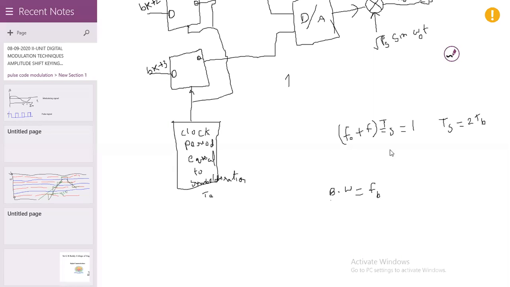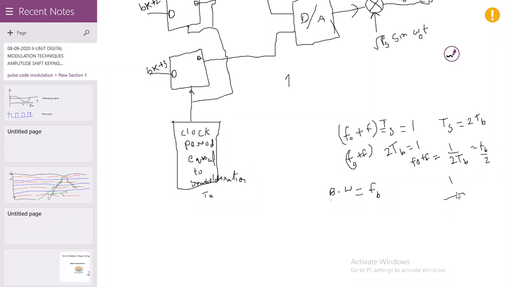Therefore we can substitute 2 TB equal to 1. F0 plus F equal to 1 by 2 TB. Am I correct? This is equal to FB by 2.